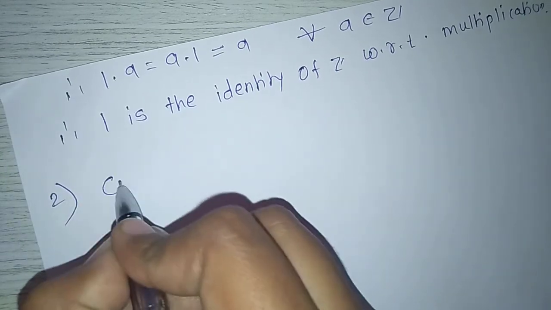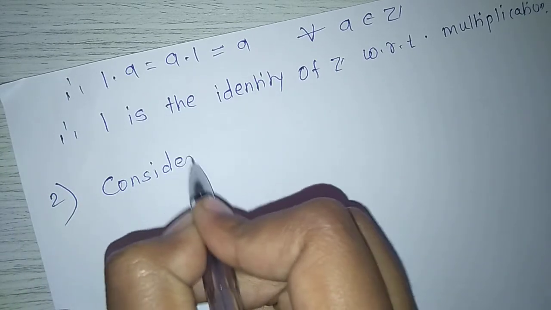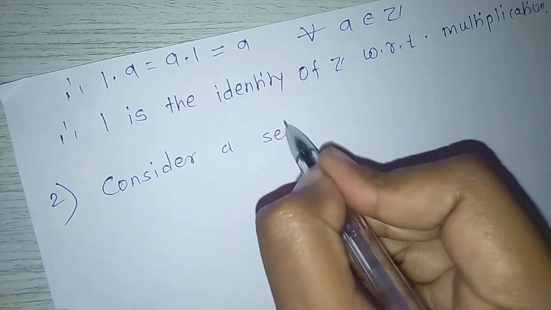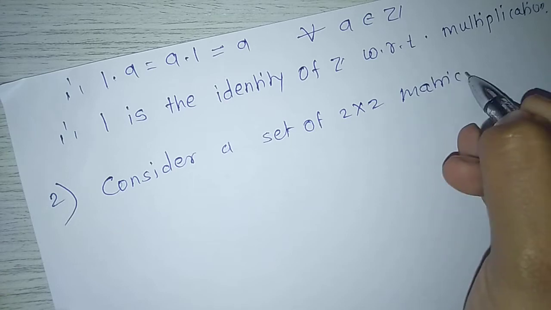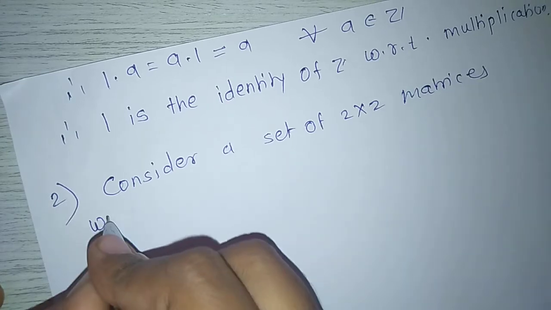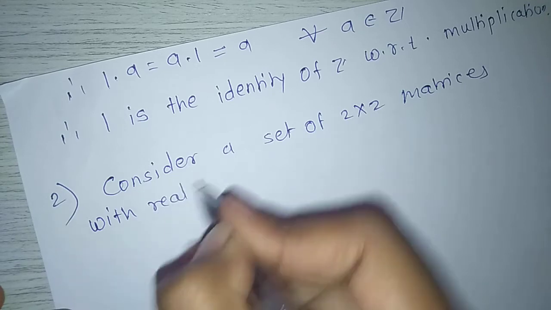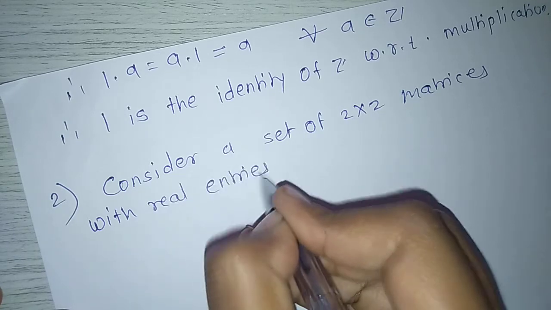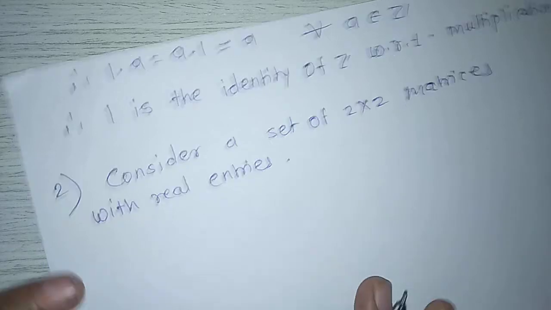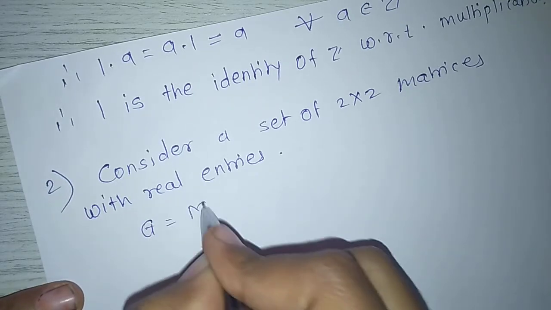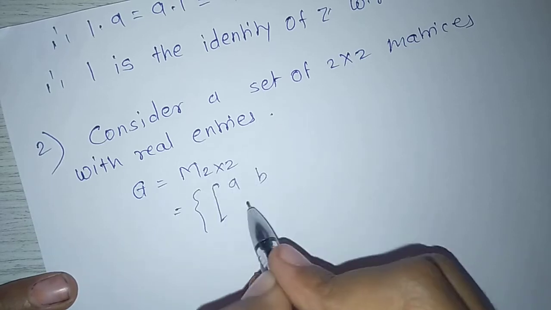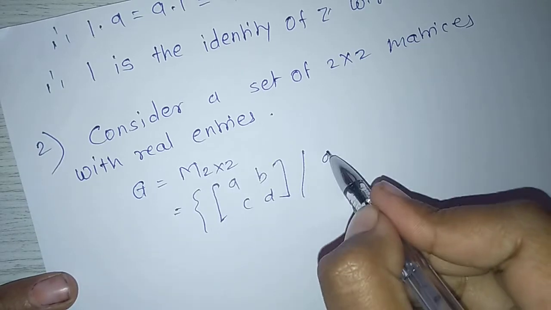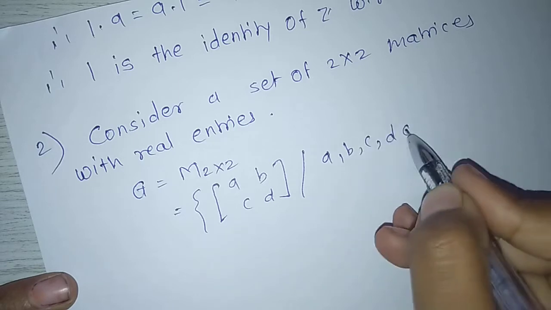Consider a set of 2 by 2 matrices with real entries, means G is the set of 2 by 2 matrices with real entries, which is equal to the set of [A, B, C, D] such that A, B, C, D belong to R, the set of real numbers.